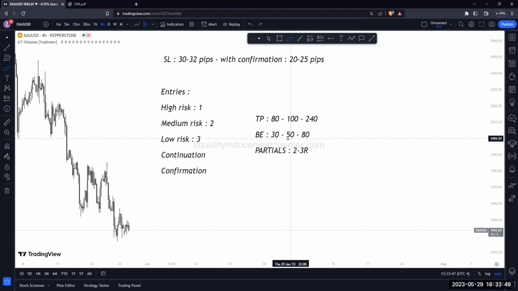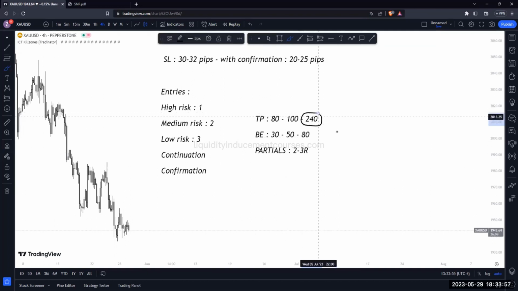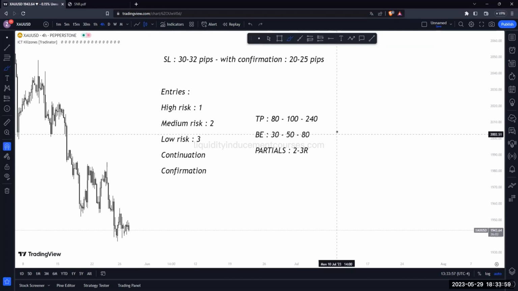For low risk, the entry type that I taught you, the only one, is 240 at least. Okay, at least. Whatever the entry, decision level is 120 pips. Decision level is 120 pips.